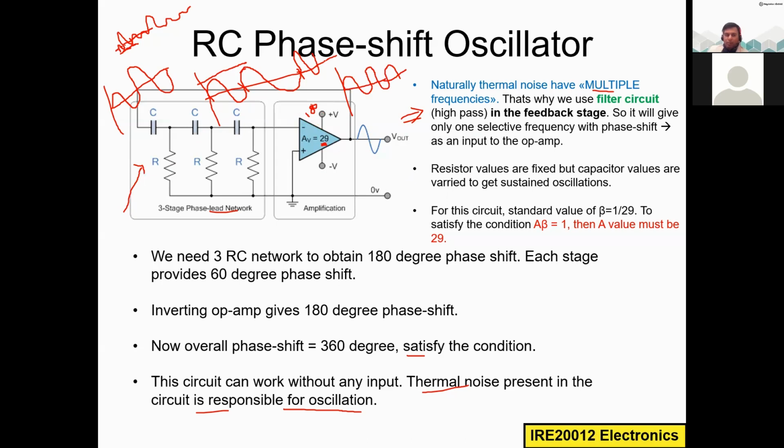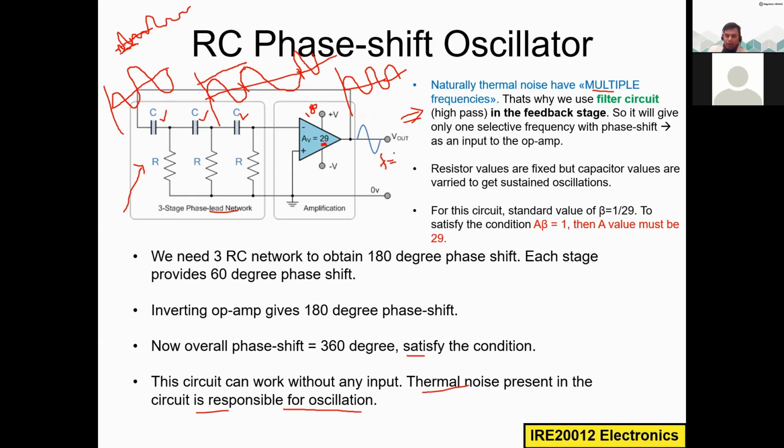So remember, in the RC phase shift oscillator, we fix the resistor values. All the resistor values are fixed, but the capacitor values are varied to get sustained oscillations. We can change the value of the capacitors because you are getting the oscillation at the output. Oscillation means a certain frequency.